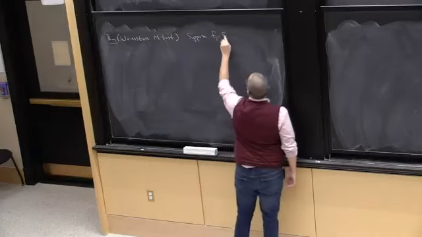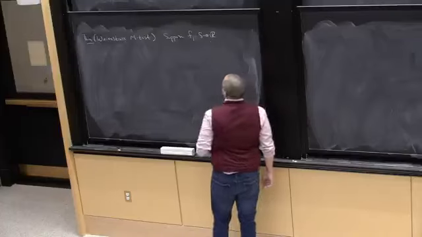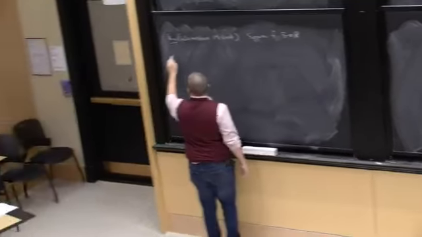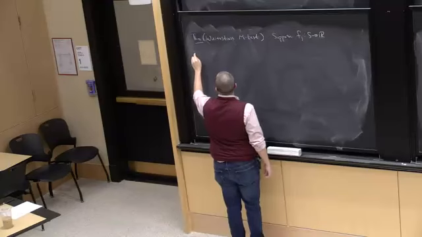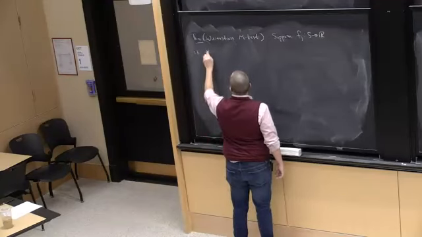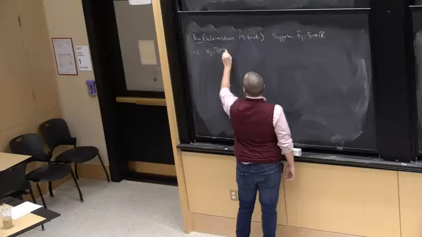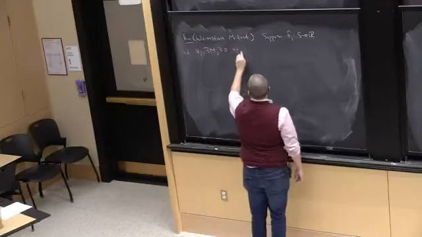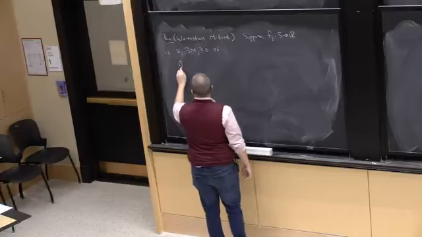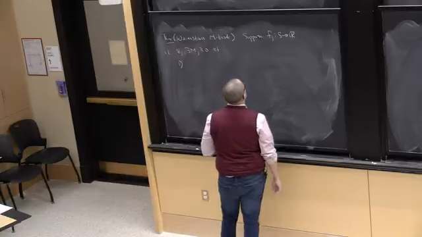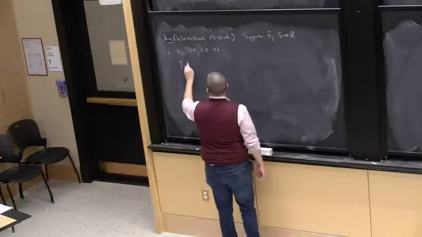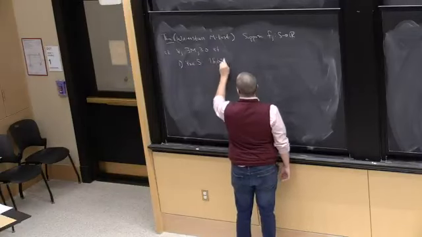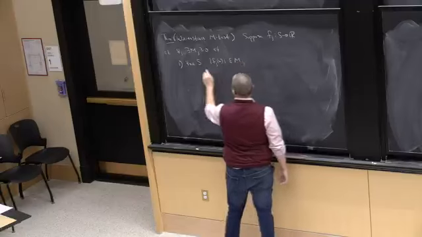Suppose f_j are a sequence of functions from some subset S of R, so that for all j there exists a non-negative number m_j such that two things hold. First off, these m_j's dominate the f_j's: |f_j(x)| is less than or equal to m_j.